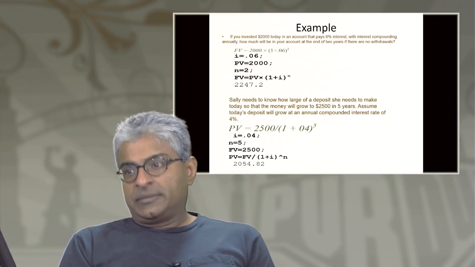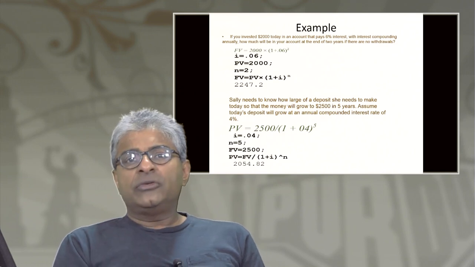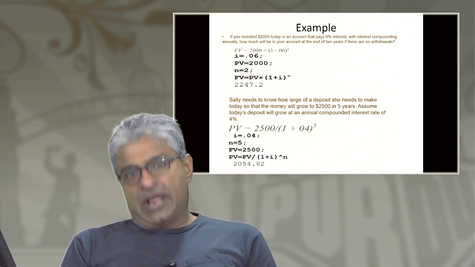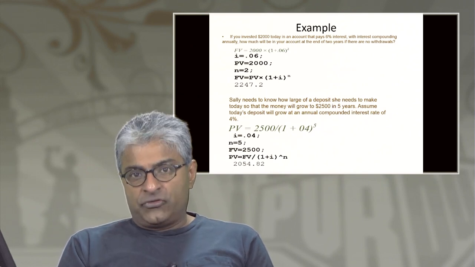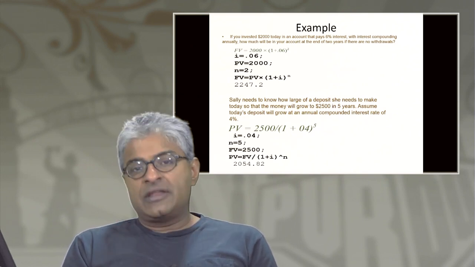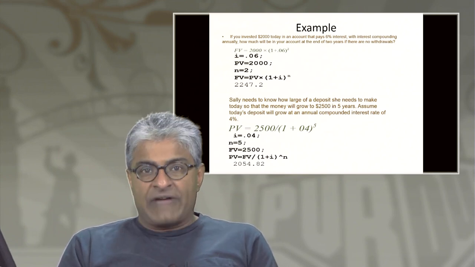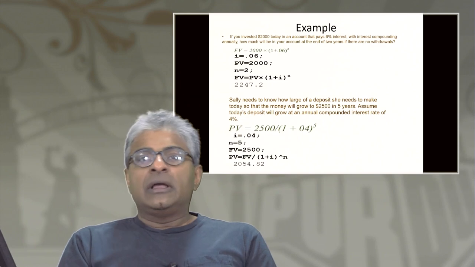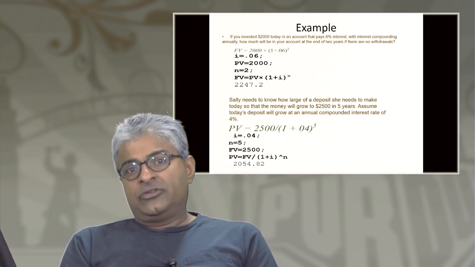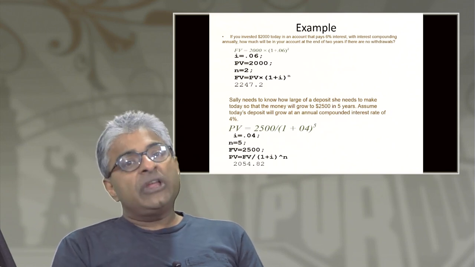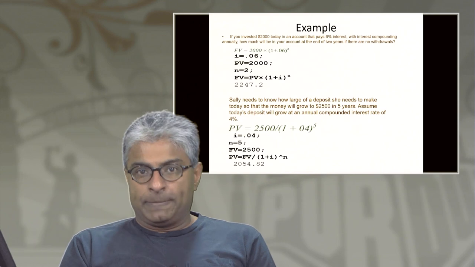Now, understand, when you look at that formula that we've discussed again, you can see there are 4 variables in that problem: the present value, the future value, the interest rate, and n, the number of periods involved. Those are the 4 unknowns, or the 4 factors that go into the formula. No matter what problem you get, it'll always be the case that you'll be given information on 3 of those, and you'll be required to solve for the 4th one.